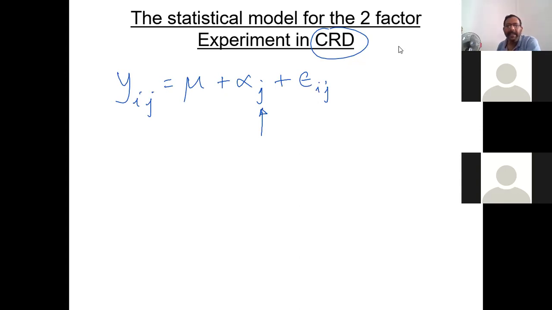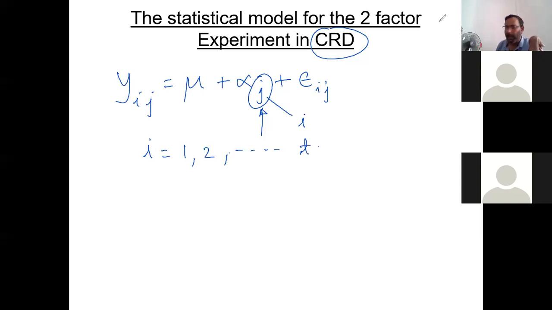So why did you say j, Balasuri? Normally we use I here. The reason is here I is from 1, 2 and up to t.